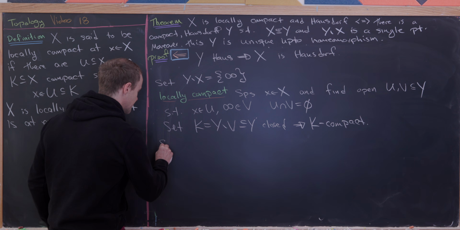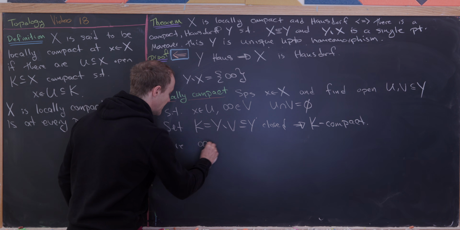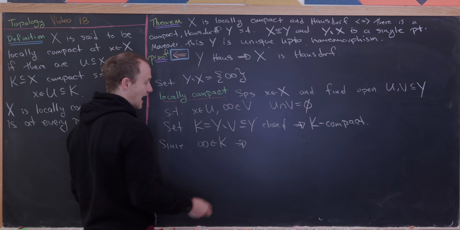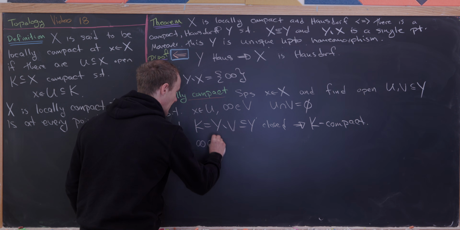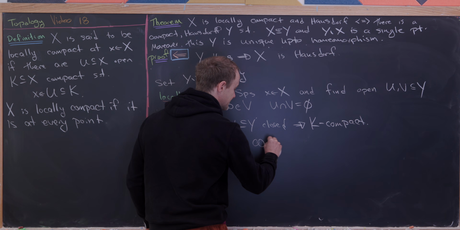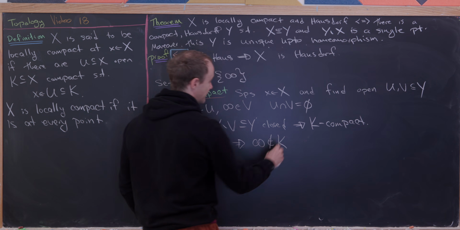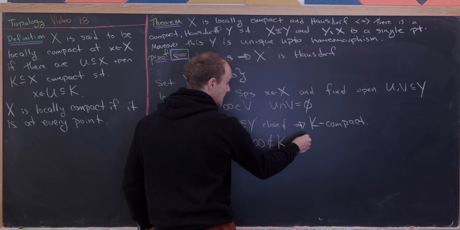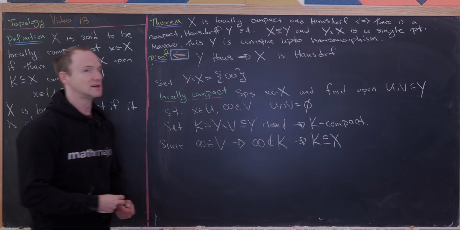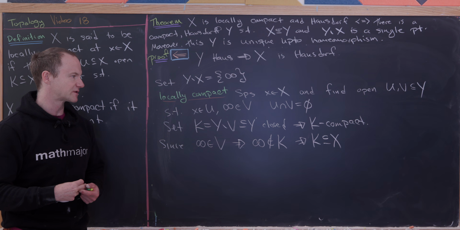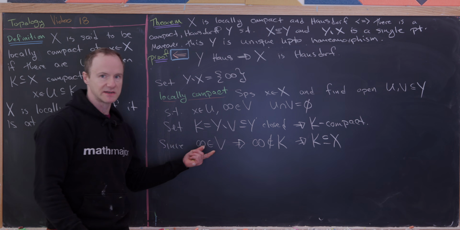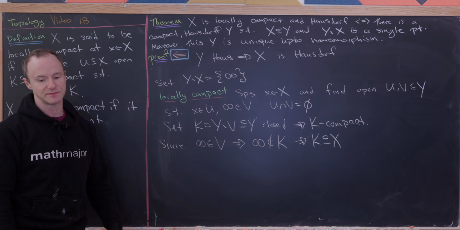But then, since infinity is an element of V, that tells us that infinity is not an element of K, meaning that K is a subset of X, because the only thing that differs between X and Y is infinity. So if K is a subset of Y, but it doesn't contain infinity, then it must in fact be a subset of X.